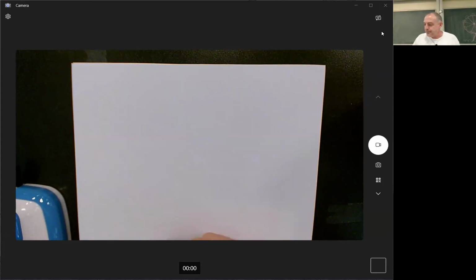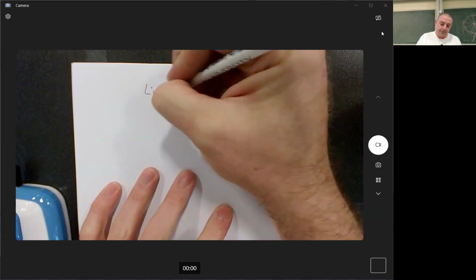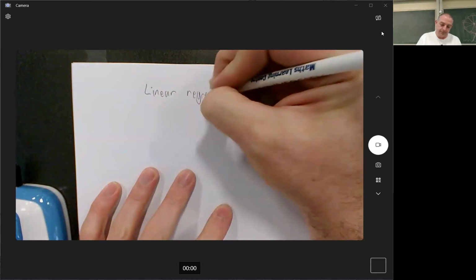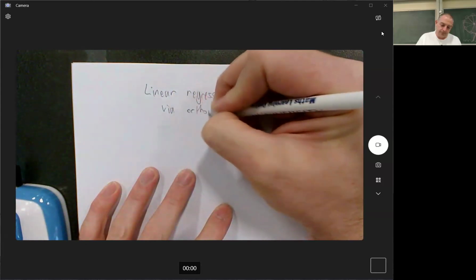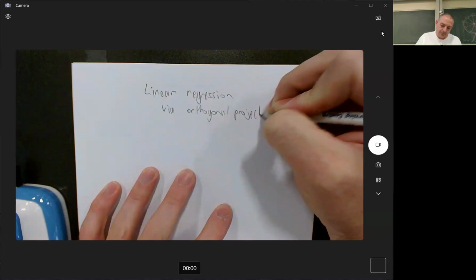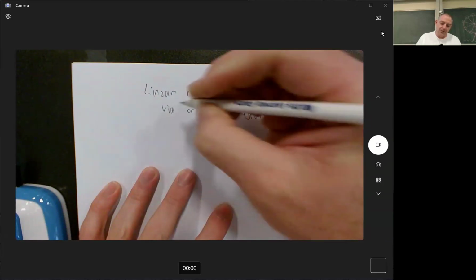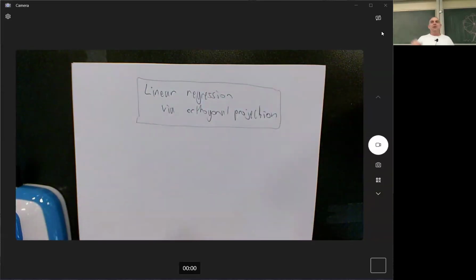Okay, so I've had some requests. I'm going to start with one, which is linear regression via orthogonal projection, which is at a particular page in the notes right at the end of the orthogonal projections bit.